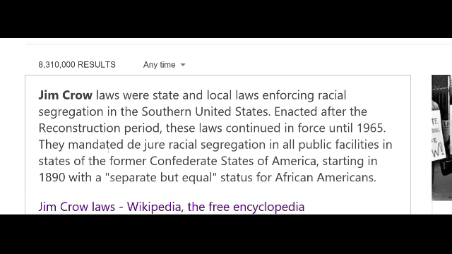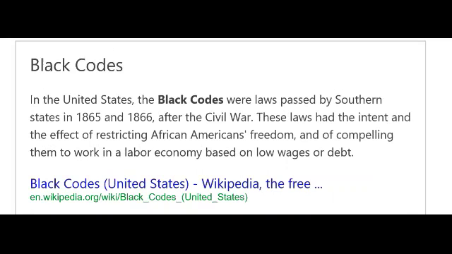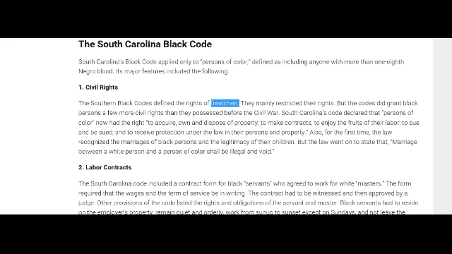Only whites can be citizens. And so the true danger of the black codes was that it taught you that you were black.